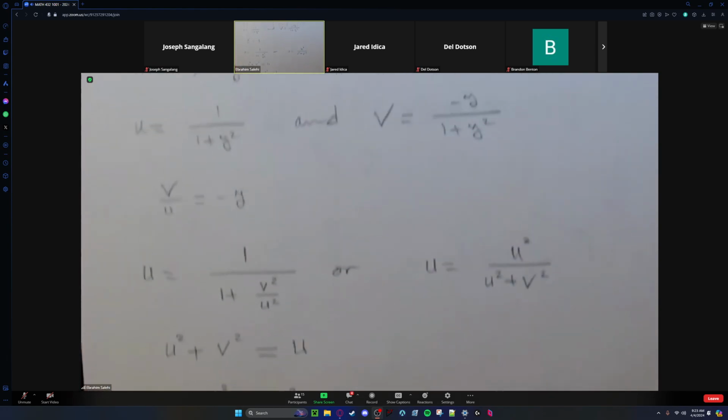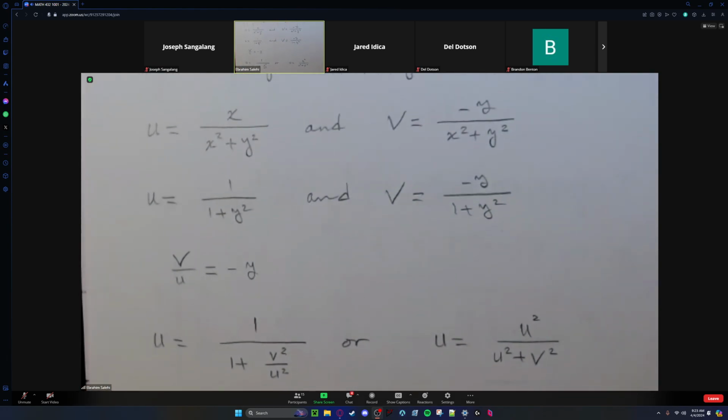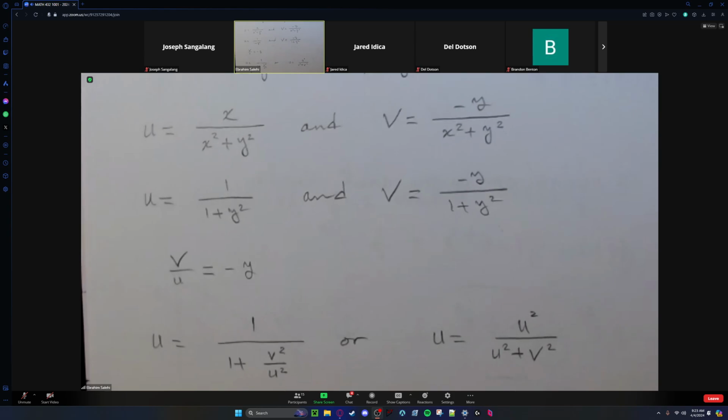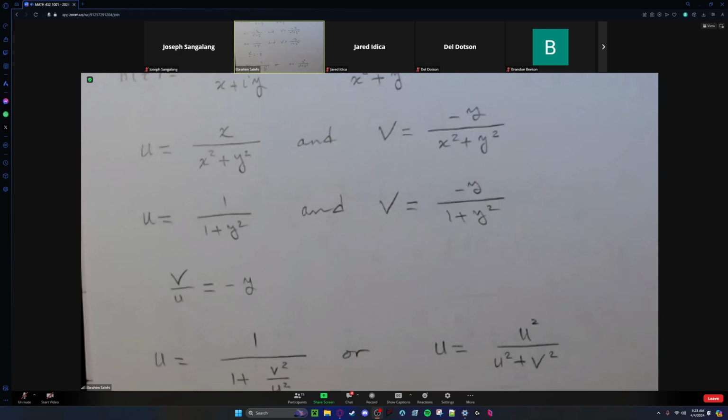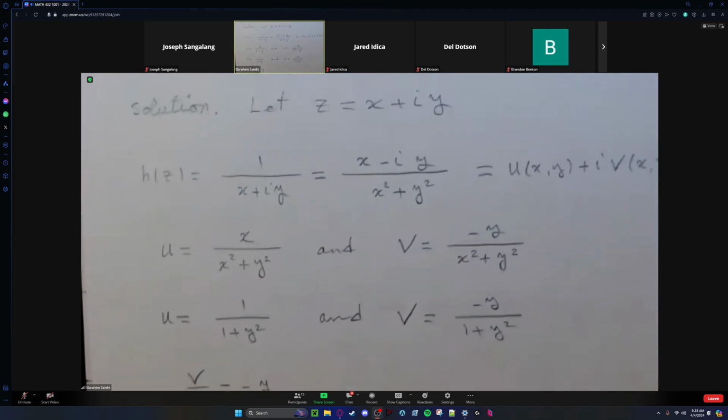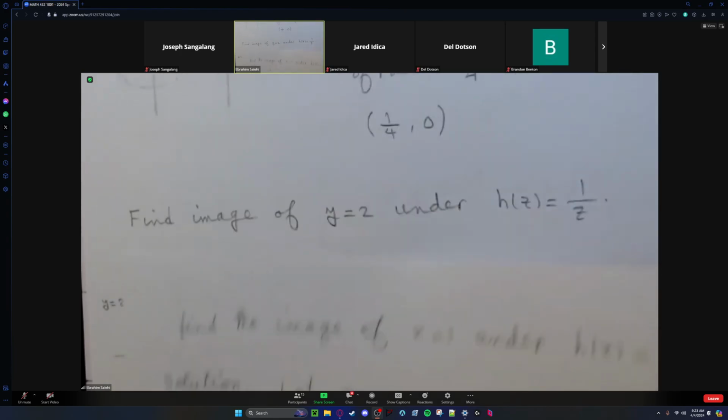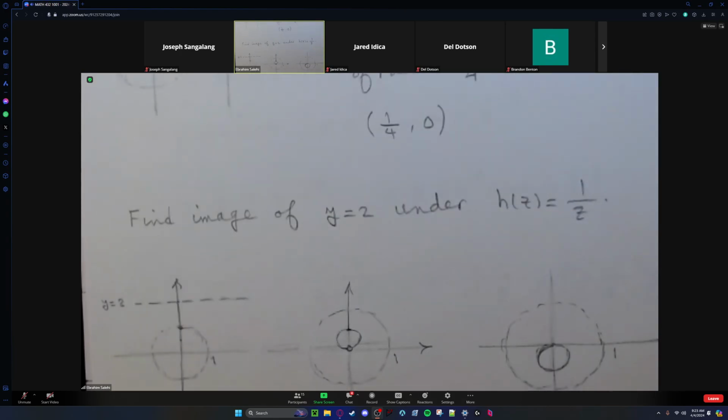So that is what 1 over z does to this vertical line, x equals 1.